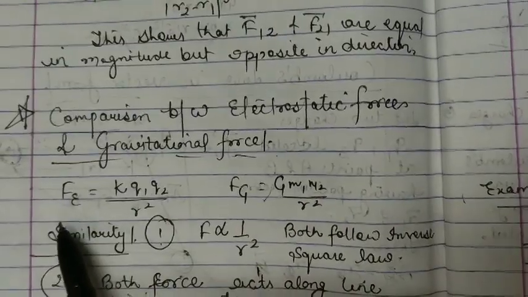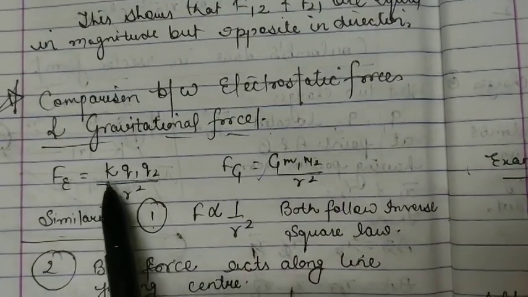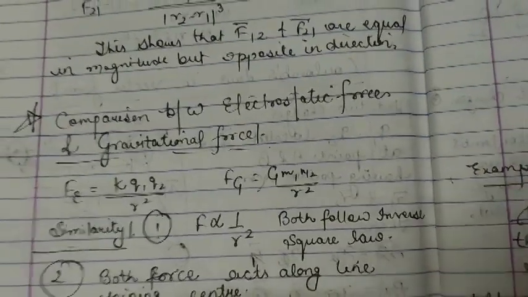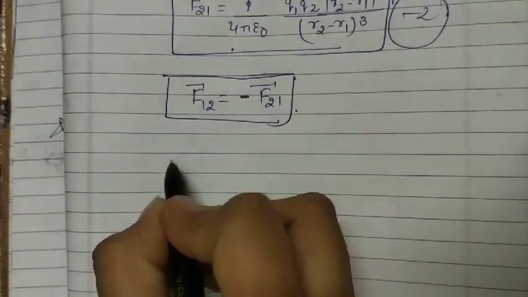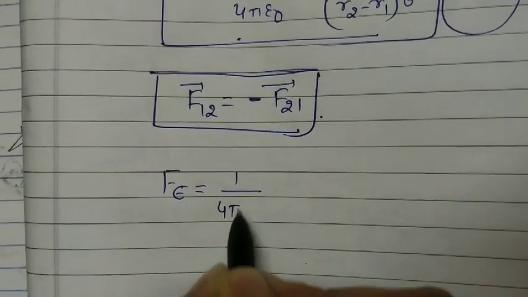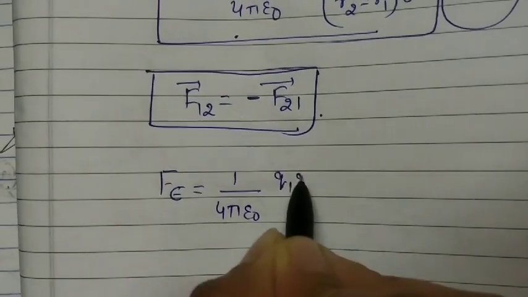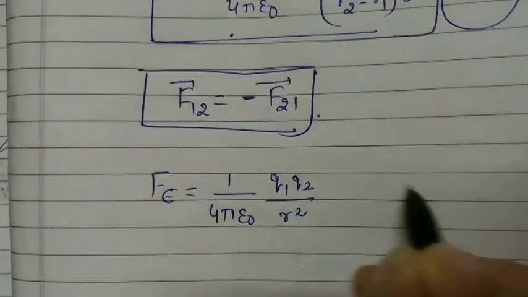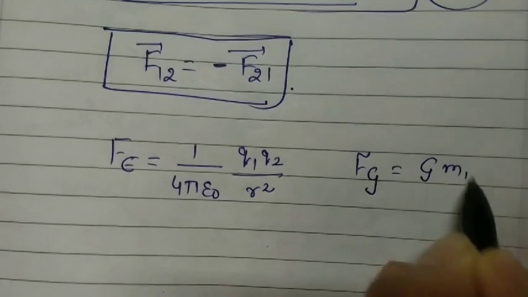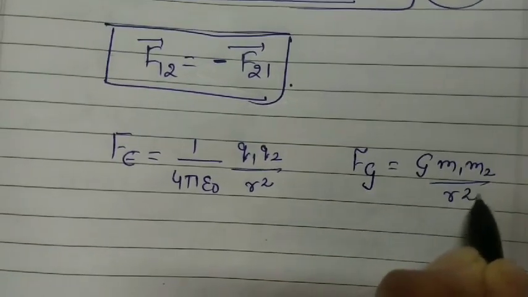As we know, electrostatic force is K Q1 Q2 upon R square, where K is 1 upon 4 pi E naught. Electrostatic force is 1 upon 4 pi E naught Q1 Q2 upon R square, and gravitational force is G M1 M2 upon R square.